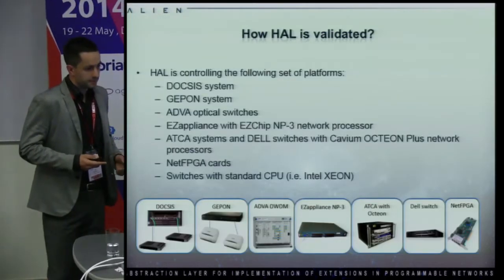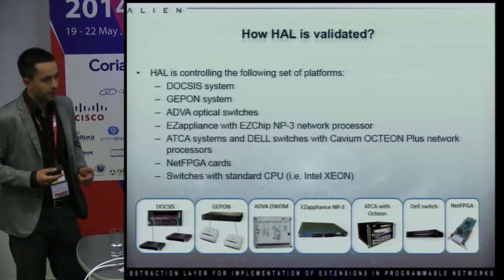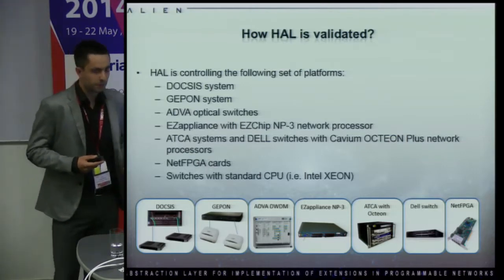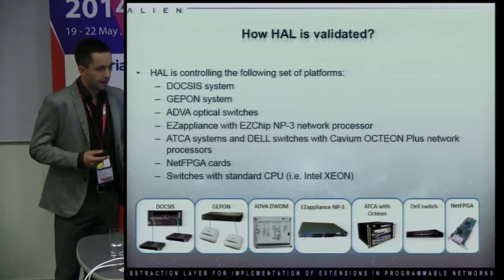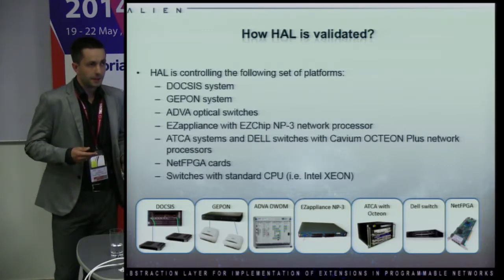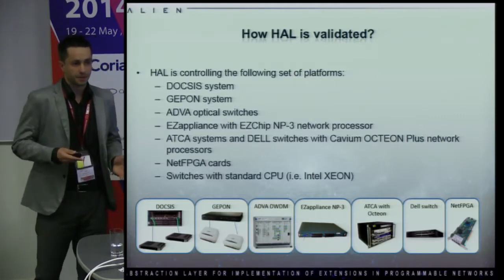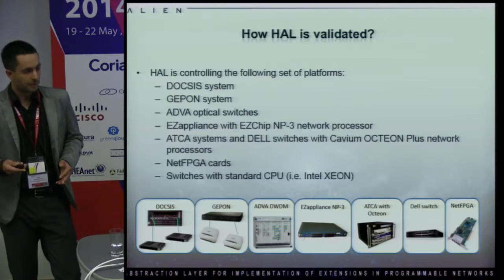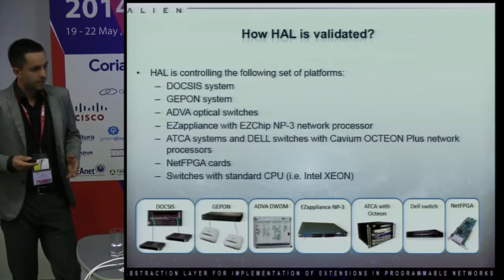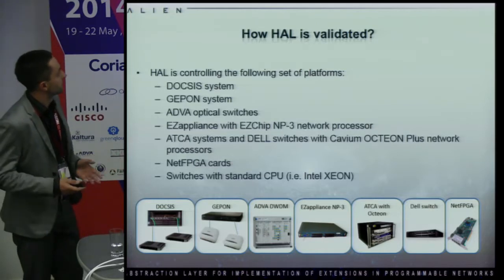And how is HAL validated? Currently, HAL works with different network devices, and we validate HAL using non-OpenFlow capable equipment. We call them alien devices because they are alien to the OpenFlow protocol. HAL can now control the following set of platforms.